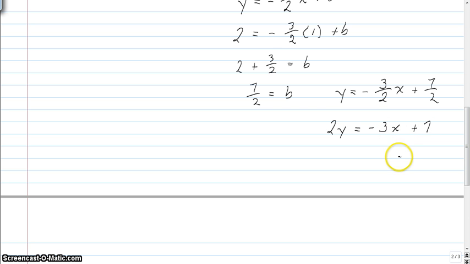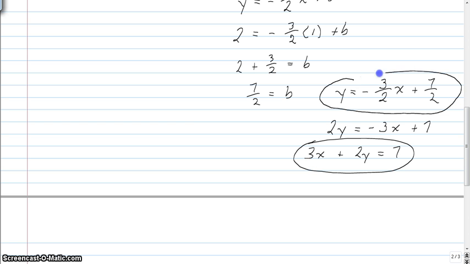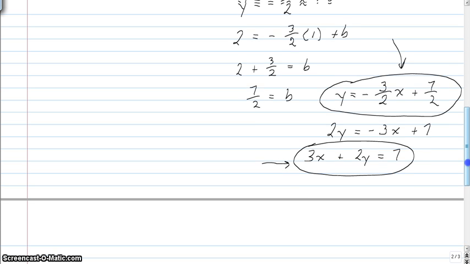You might have done this in an algebra class, and then if you add the 3x to the other side, you call this the general form of the equation of a line. Typically we like to have it in slope-intercept form, so normally we would write it this way. But again, depending on whoever wrote the answer to the problem you're working on, you may see the general form sometimes. Either way is fine.